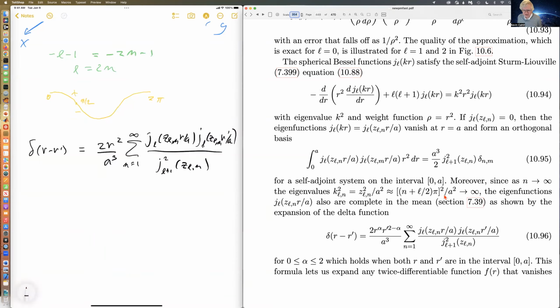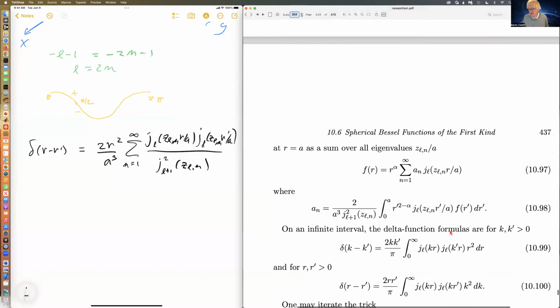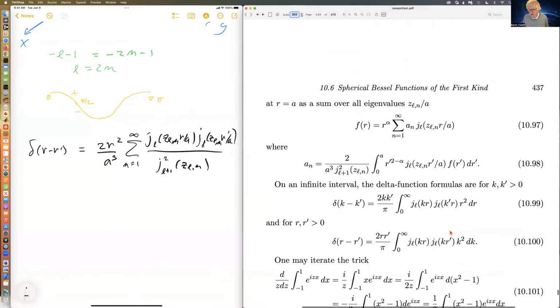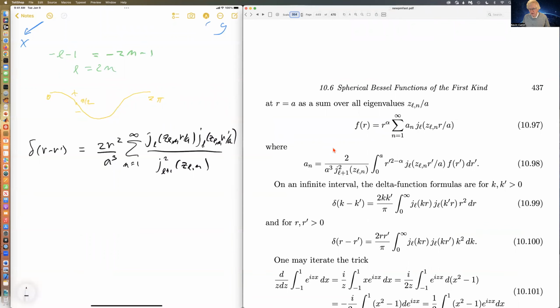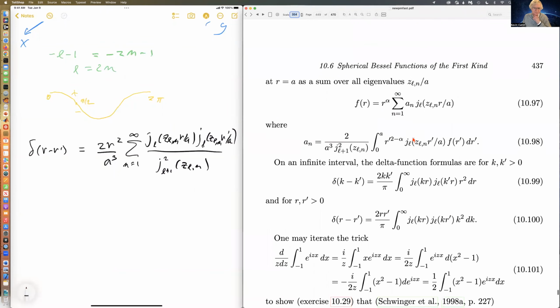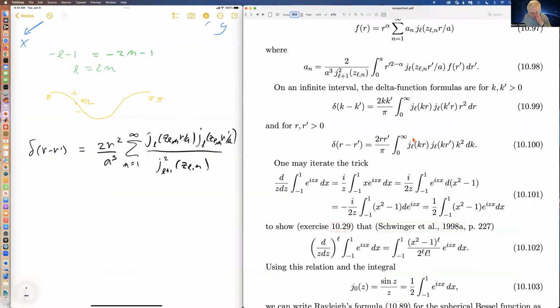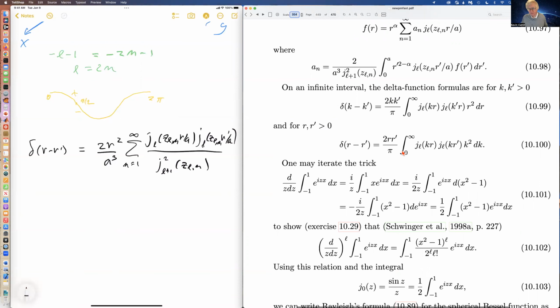So that's the delta function relation. And then there's a continuum relation. The one I just wrote down allows you to develop these formulas. I could, by the way, have had R prime squared here. Or one could apportion the power of R partly to R and partly to R prime.